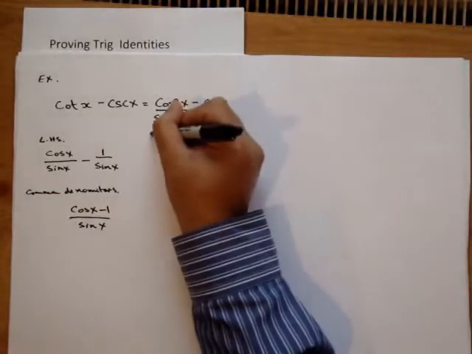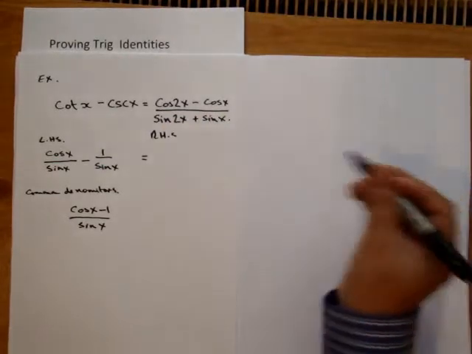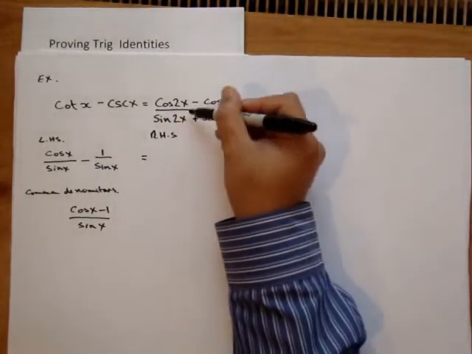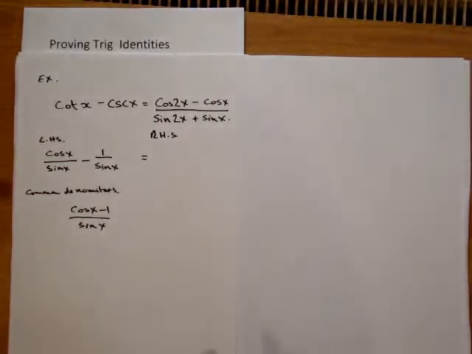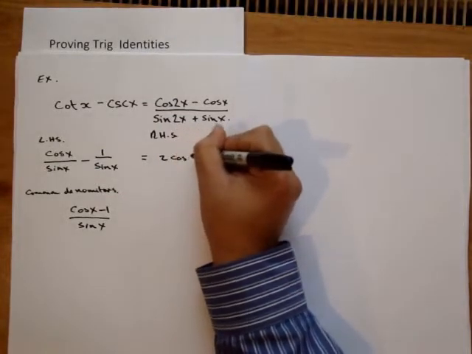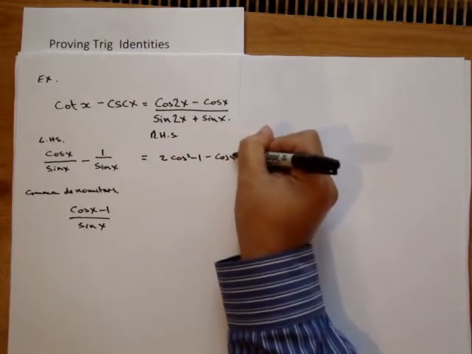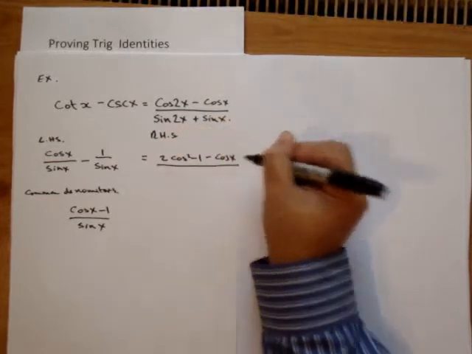Now let's have a look at the right hand side. On the right hand side we've got cos 2x over sin 2x. From our identities we know that cos 2x, let's choose one that has a cos in it, will be 2 cos squared x minus 1 minus cos x all over.